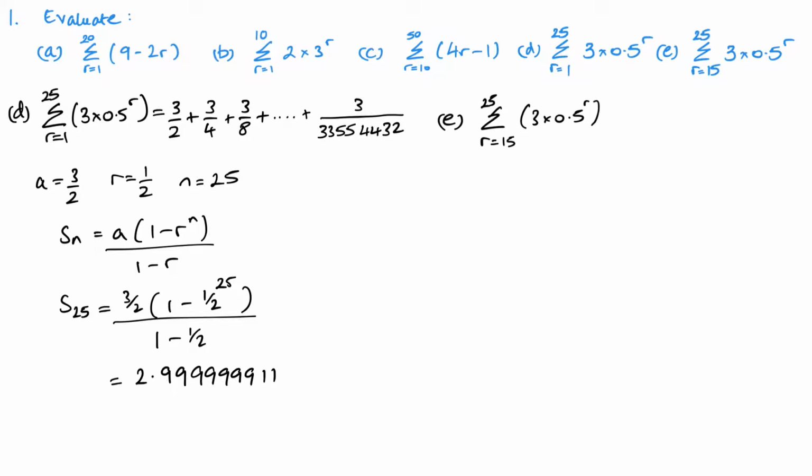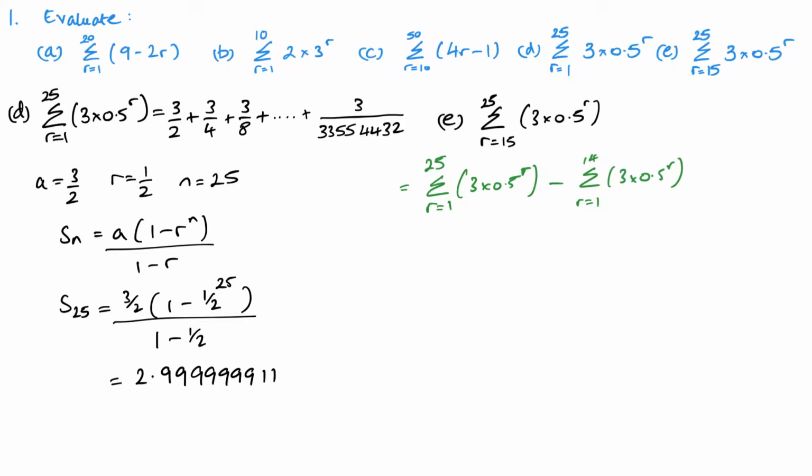But as an alternative method, we can look at what we had as a total between 1 and 25, and we can take away between 1 and 14. So we can use our answer to D in this part, and then just work out the part between 1 and 14, and then subtract them.